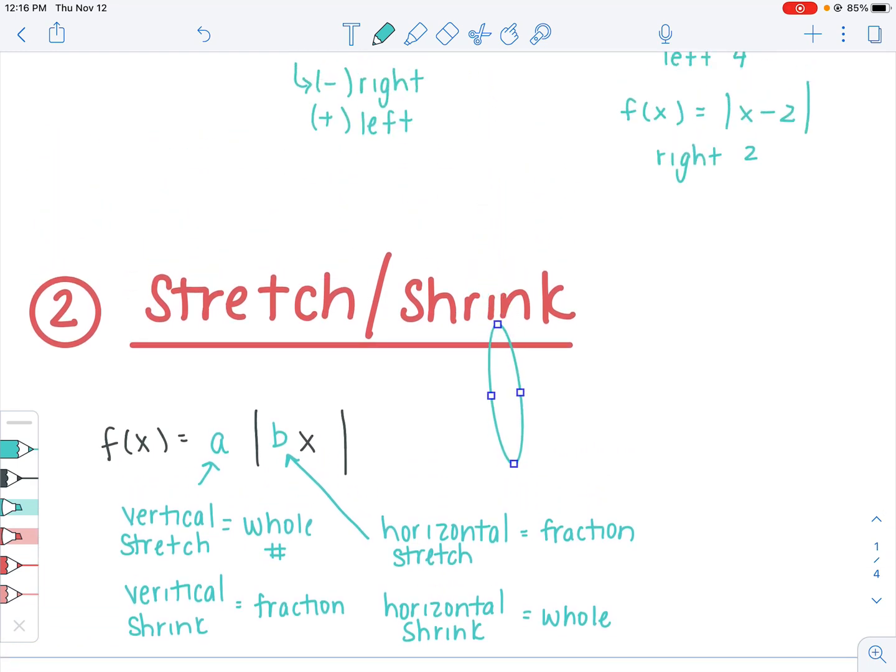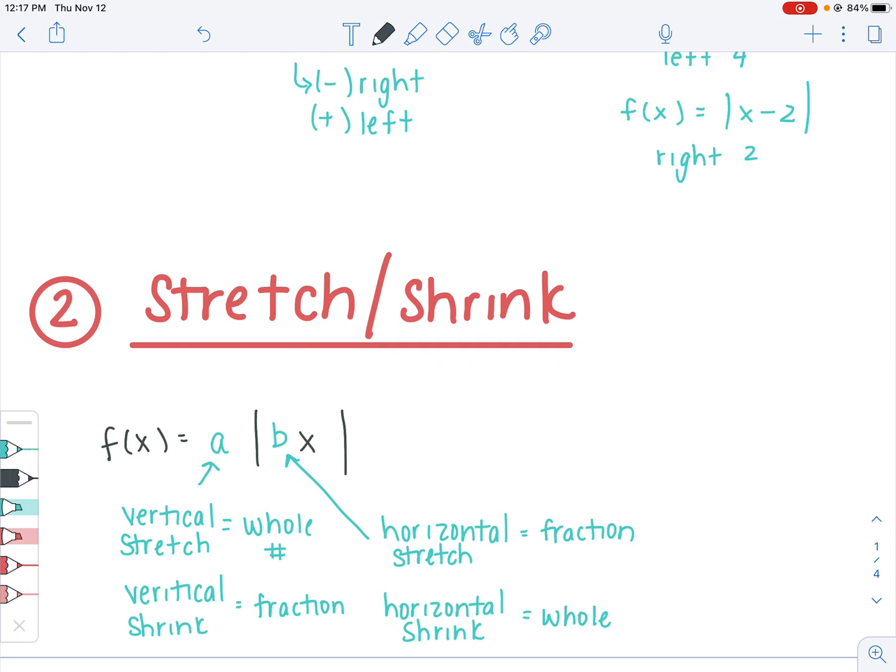So because it's getting taller, it's considered a vertical stretch, but the same thing that's happening is also considered a horizontal shrink. Whereas if I take it and I stretch it horizontally, it's getting bigger horizontally and skinnier vertically. So they're opposites, because when one thing is happening, the opposite is happening in the other direction.